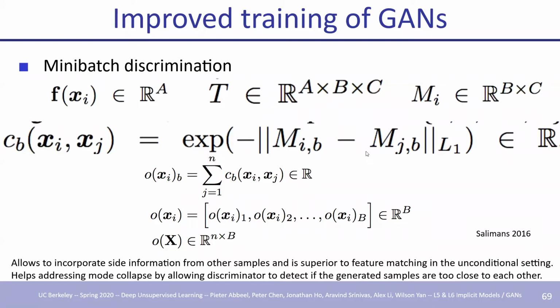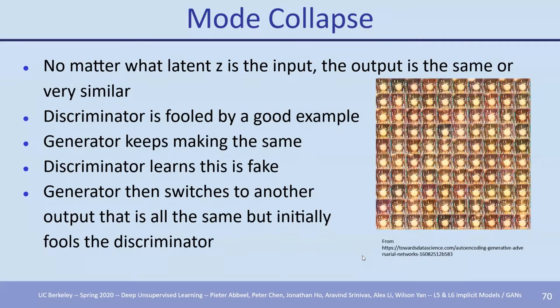You have features, you pass them through some set of transformations, like the T here and then the M here, and then you get some measure of how close they are to each other, and then you add this to the neural network. And I believe this is the discriminator, or maybe it's for both. I don't know. Okay, but we can move on.